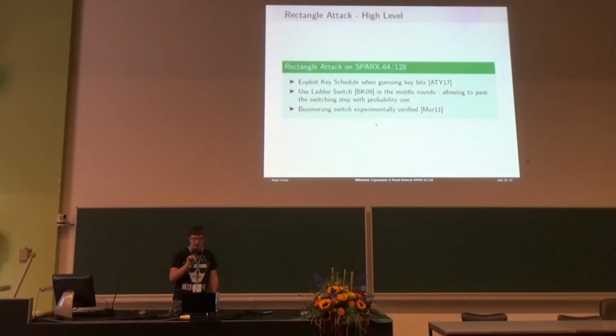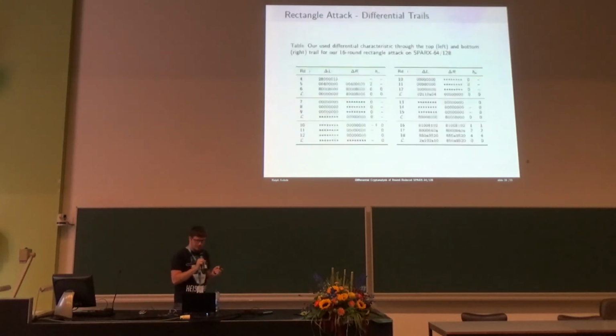We also experimentally verified our boomerang switch, because there's a paper by Murphy saying that not all of the boomerangs actually have some probability, so there are also some with probability 0. We verified that, and we looked at the middle rounds, and we concluded that our attack should be valid. So how does our differential trail look again?